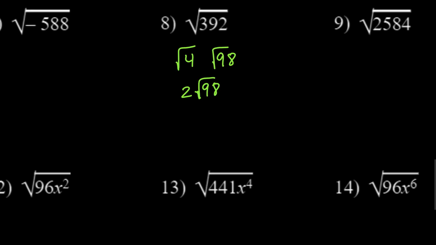Yeah, it does. What's a perfect square that goes into 98? 49. Is it? Perfect. So how can we split 98 again? 49 times what? What is the square root of 49? And what is 2 times 7?